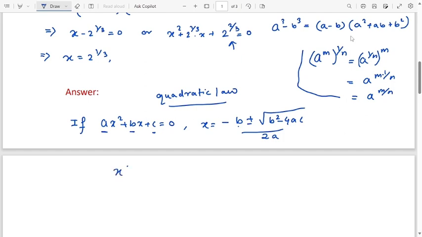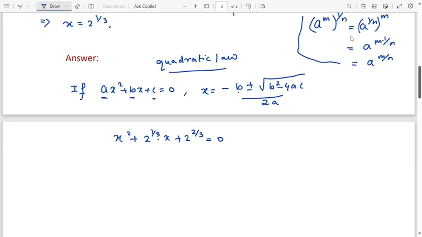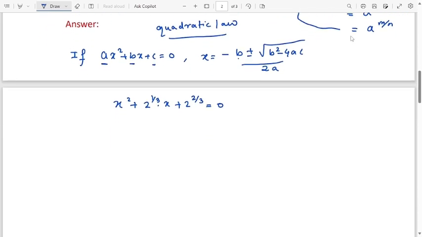Now we are using this formula on the equation x² + 2^(1/3)x + 2^(2/3) = 0.